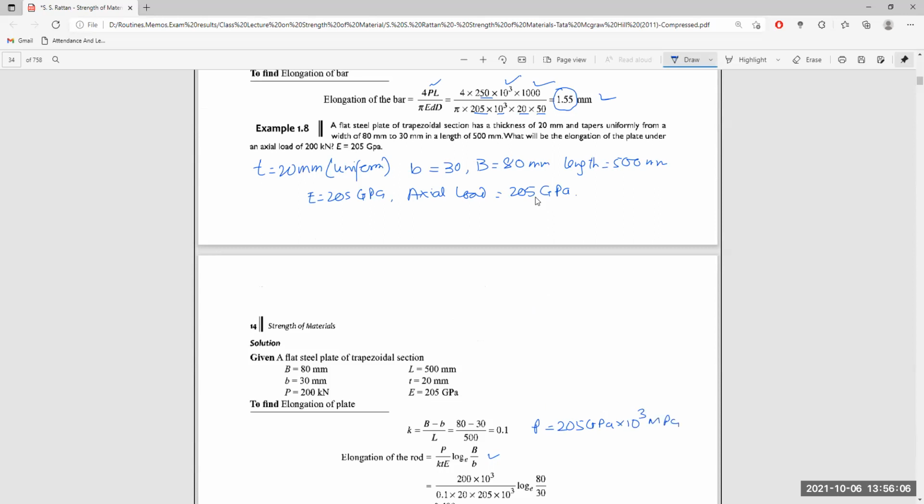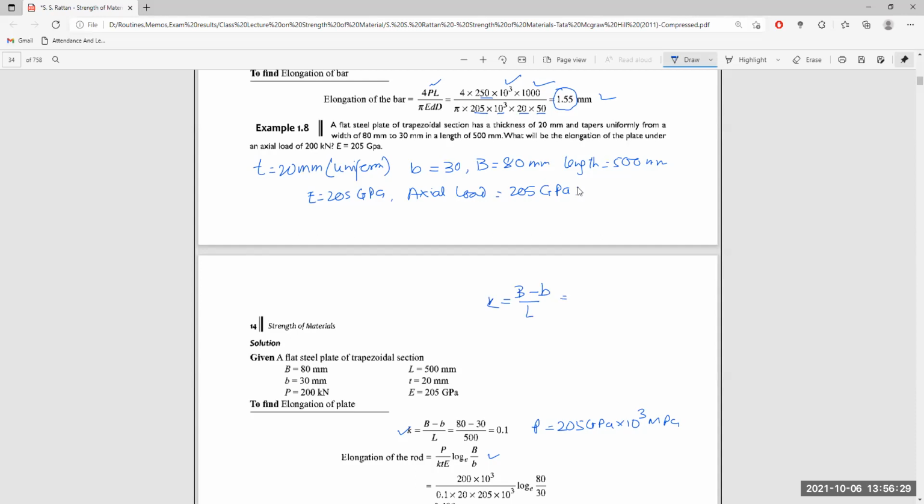K is the constant here, which is already calculated: K is equal to the bigger side minus the smaller side divided by the total length.